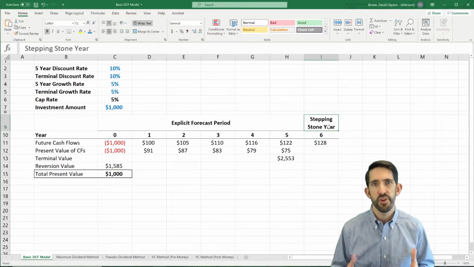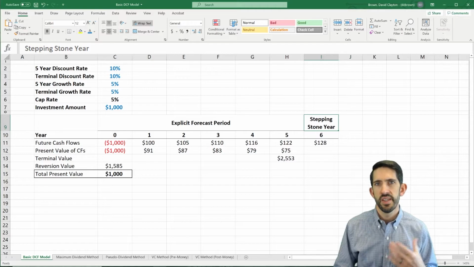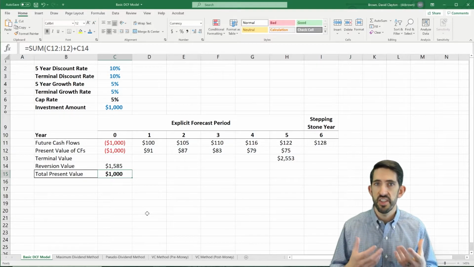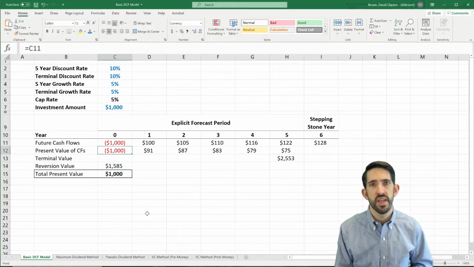That's going to be an alternative term for when we start that terminal period. Now finally, once we've taken in the value of all our cash flows and the reversion value, that gives us the total present value of the company. Or in this case, it's actually the net present value because we've included the $1,000 investment at time zero.